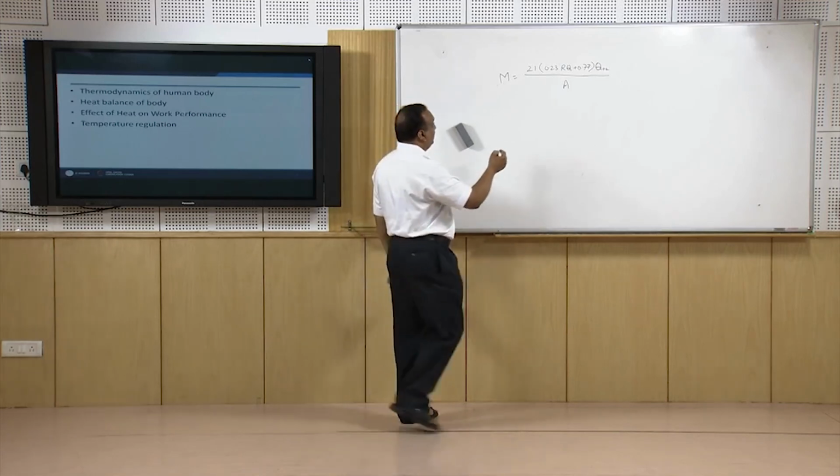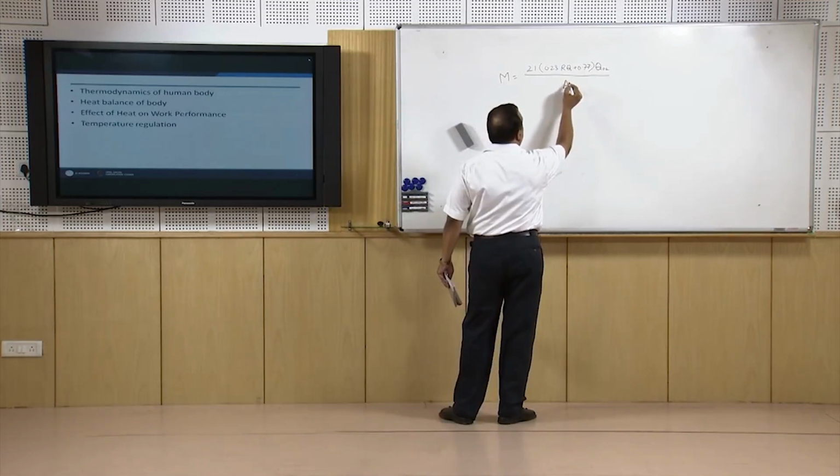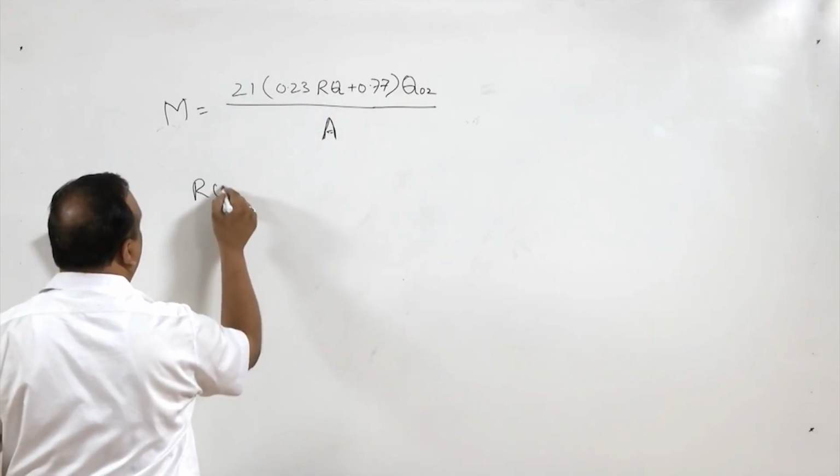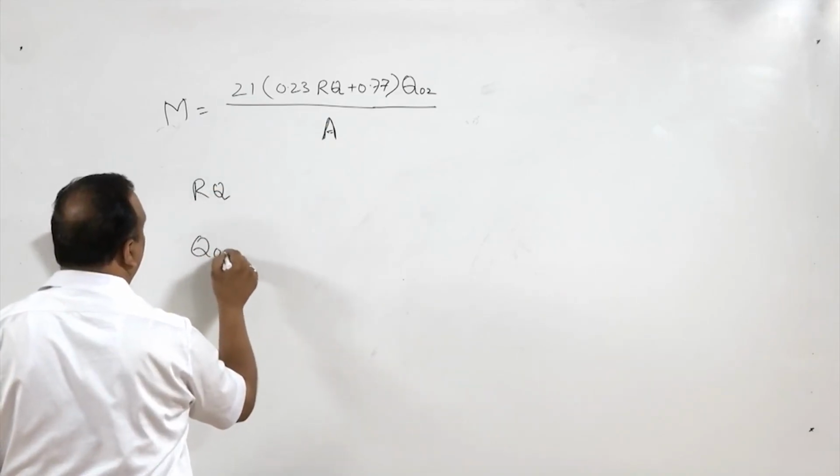Now you have body area. Now you have two unknowns, that is RQ and QO2.